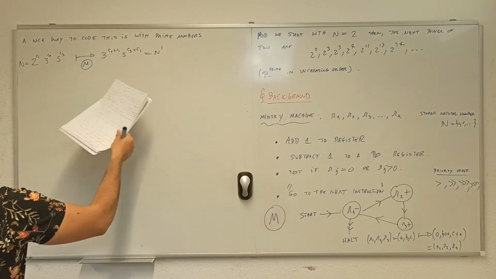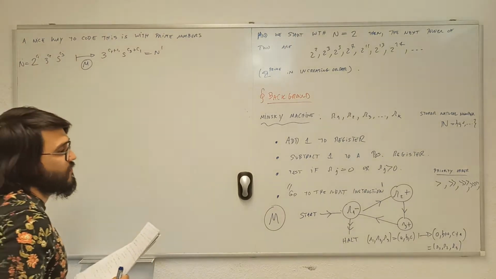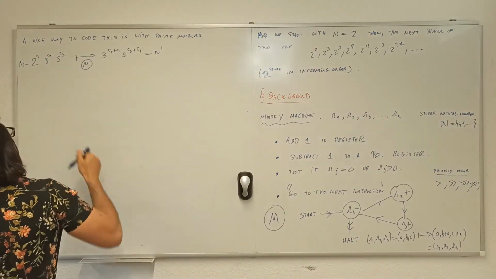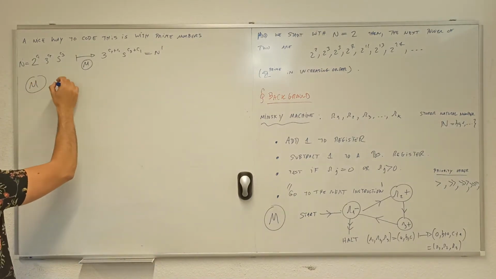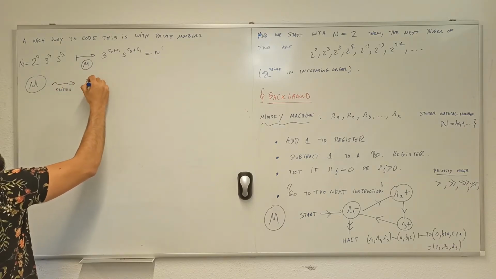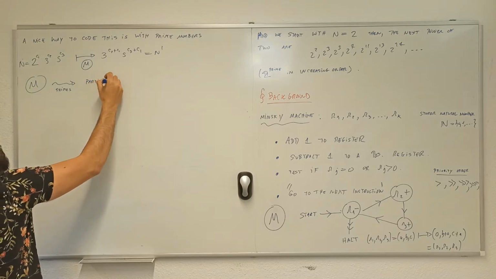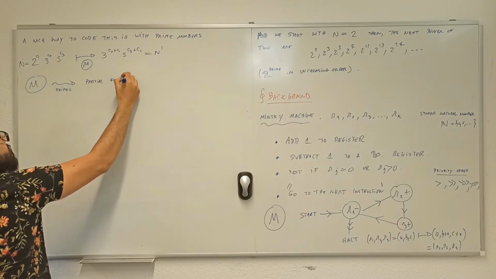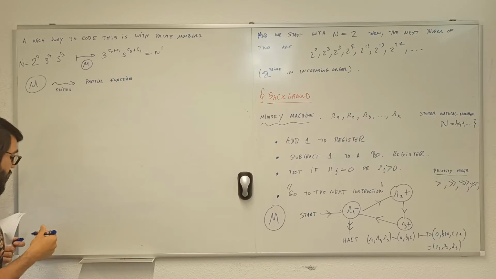So in this way, you define a partial function. Whenever you have a Minsky machine M, by this mapping using primes, you have a partial function. Why is it partial?